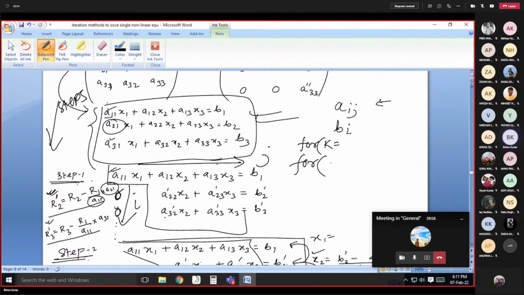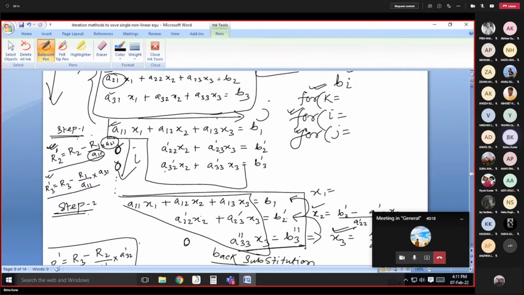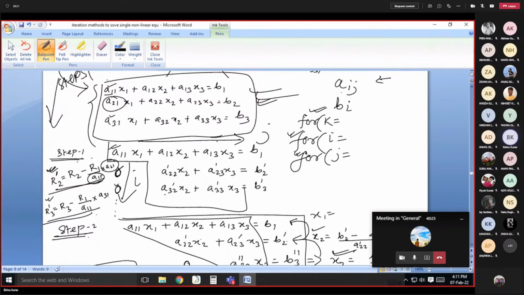So for I and for J, with the help of these three loops, one for step, another for within the row calculation, and this is for every row calculation, you may put this formula structure in such a way that your original matrix, whatever Aij you have taken, will be replaced by upper triangular Aij.